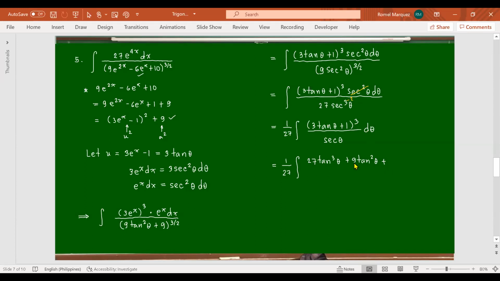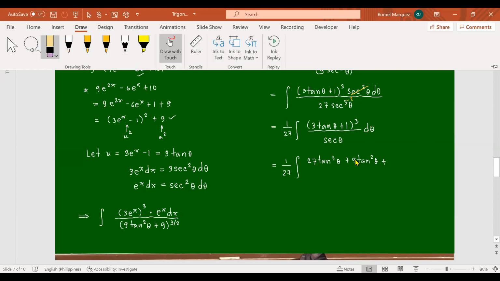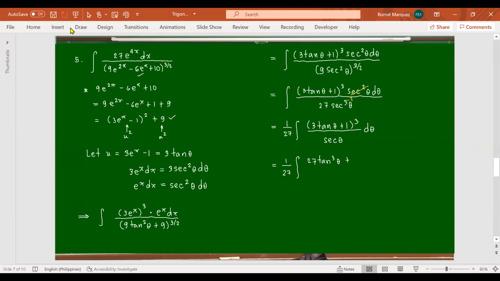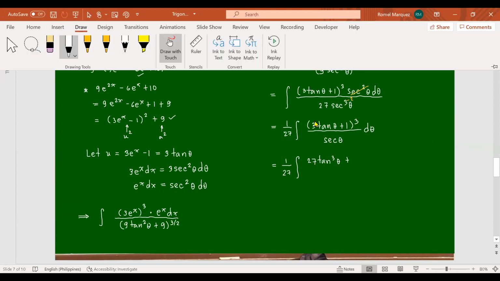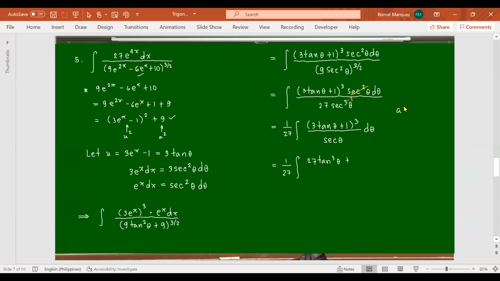So what is 3 times 3? 27. Cube the first, plus 3 times the square of this. So I have 27 for the second term. So again, cube the first. So this is the formula, a cubed plus 3a squared b plus 3ab squared plus b cubed.